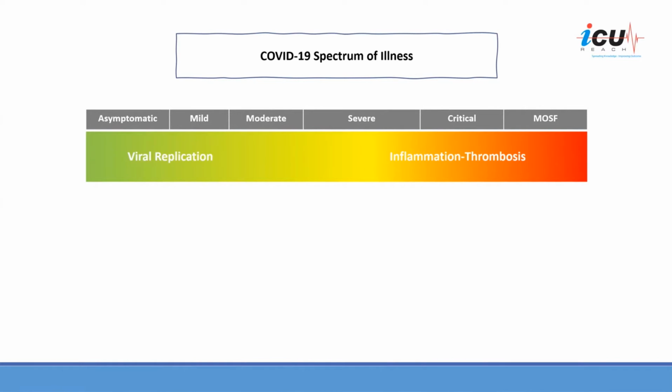So I think it's very important to look at it this way, where we know where's our patient at in terms of these 2 phases, but there's no line here where it tells me this patient is transformed from viral replication to inflammation and thrombosis. And that's what makes it difficult in terms of defining the stage or the phase of my patient, where I can decide whether I need to do antivirals for the patient or anti-inflammatory anticoagulation.